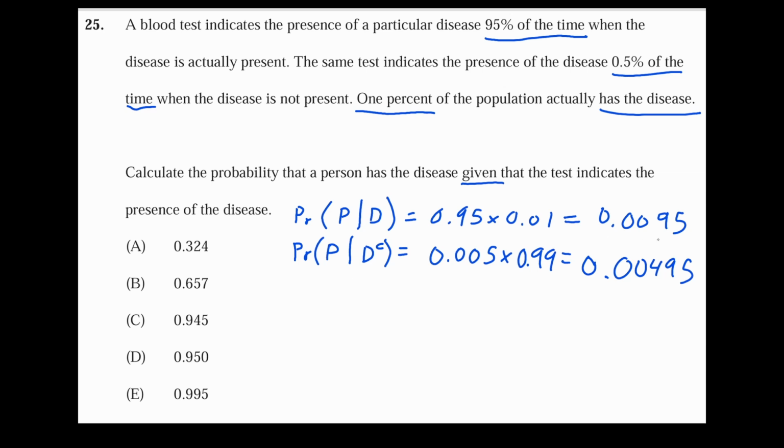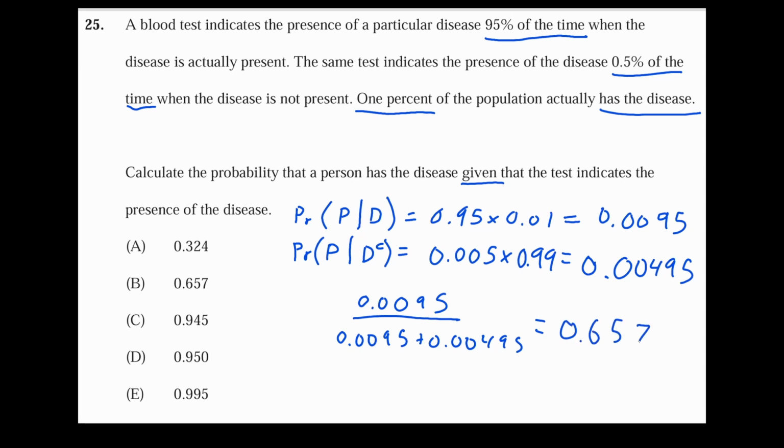We're going to take the 0.0095 and divide it by 0.0095 plus 0.00495, and that's going to equal 0.65744, and that's going to be our answer choice B.